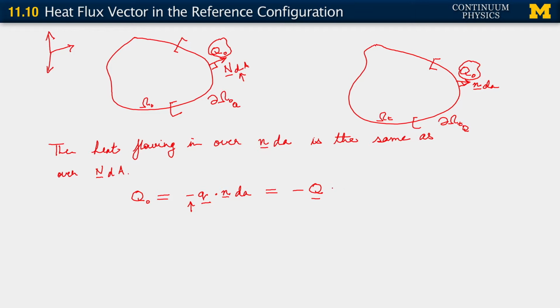So it's minus Q dot capital N dA, where this quantity is the heat flux vector in omega naught. Note that this is not a rotation tensor in this context.